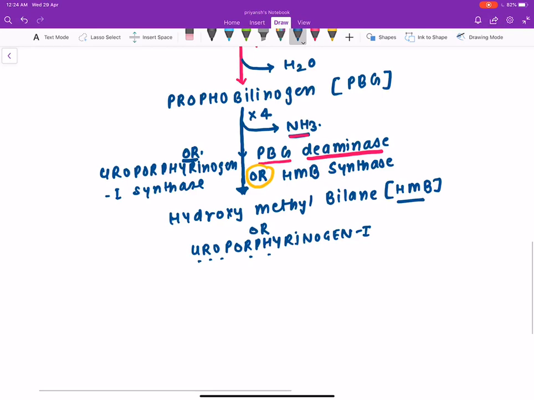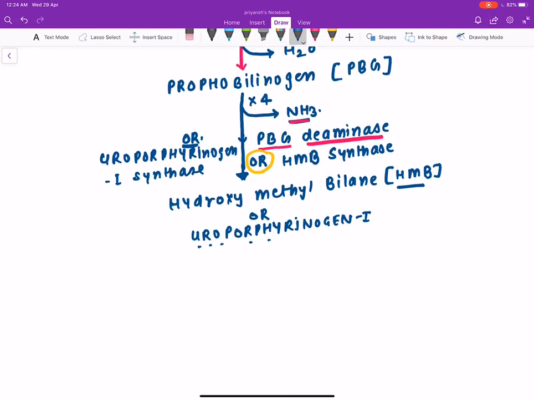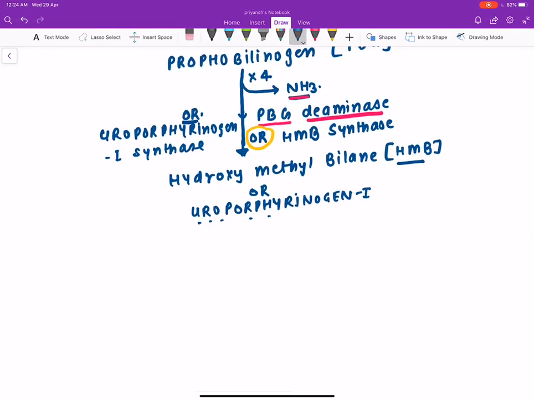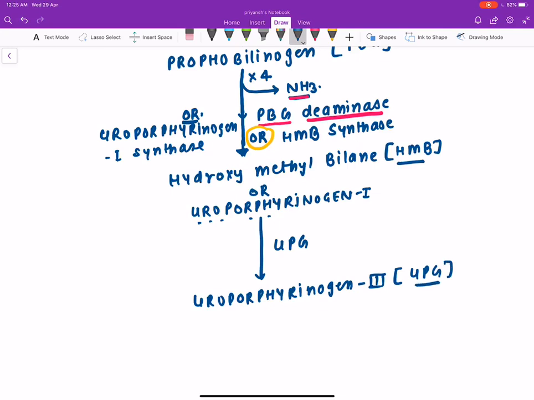Now once this reaction is completed, this hydroxymethylbilane will convert into the next intermediate, that is written as uroporphyrinogen 3. Because we are synthesizing uroporphyrinogen 3, the name of the enzyme is uroporphyrinogen 3 synthase.